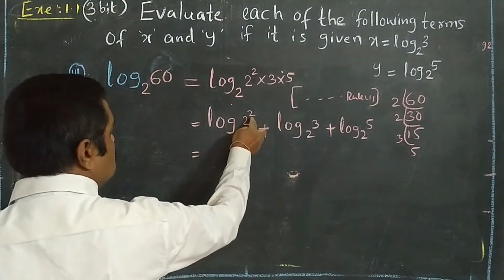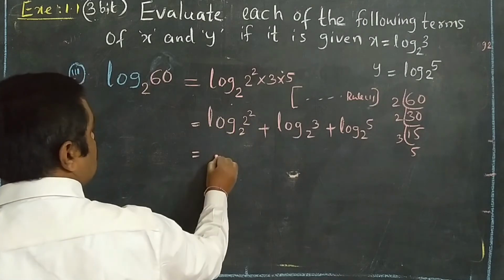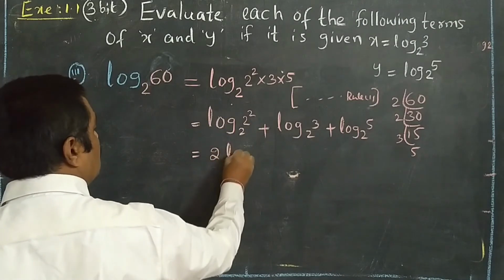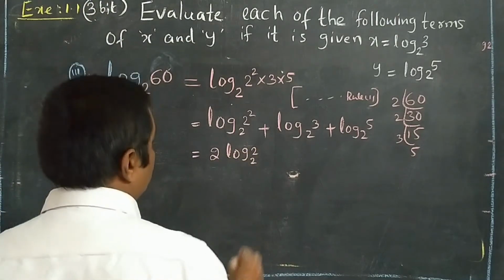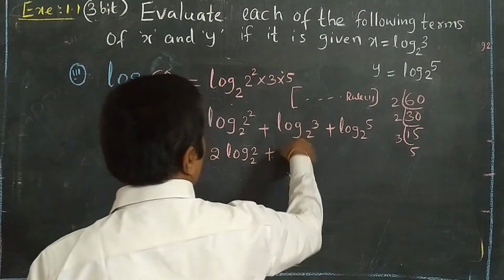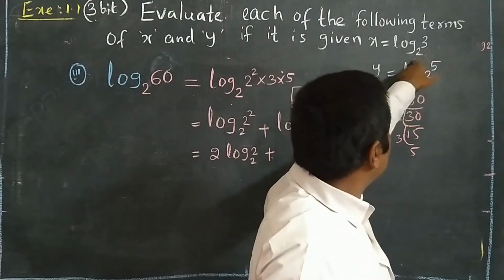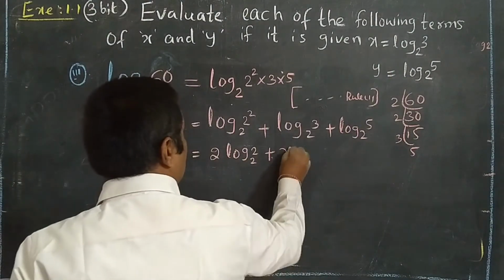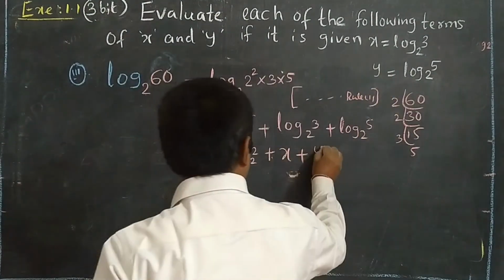And this 2 comes out, so you get 2 log 2 base 2, and this is log 3 base 2. We have to take log 3 base 2 as x, and instead of log 5 base 2 you have to write y.